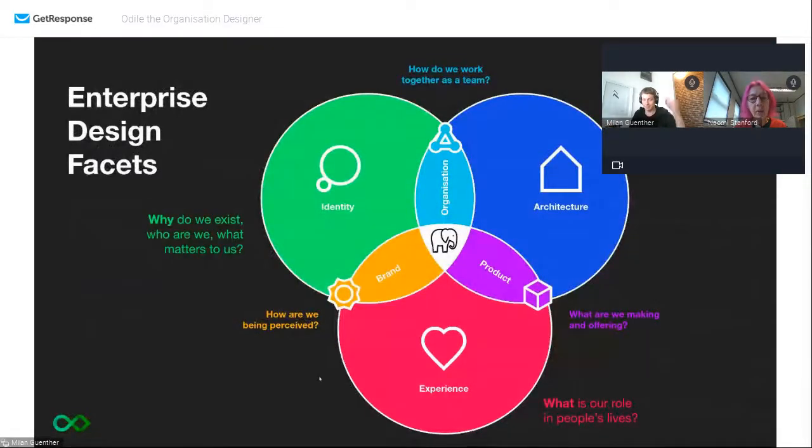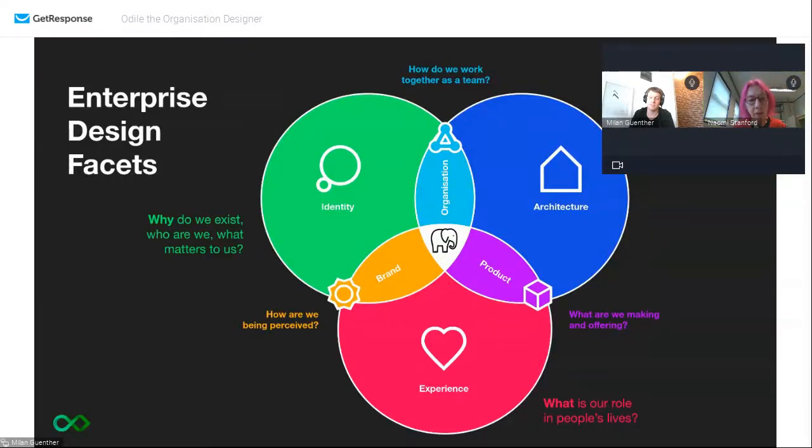Moving on a little bit, you can start to see that if you want to think about the enterprise or the organization, you are trying to think about it holistically. And this is a very nice visual depiction of the sorts of questions you need to ask, not just in relation to the piece of work that you're doing, but also within its broader context. So you've got a number of levels of answers to the questions.